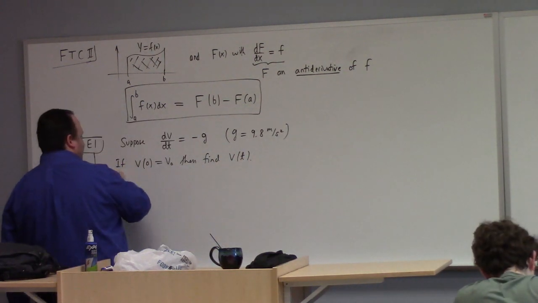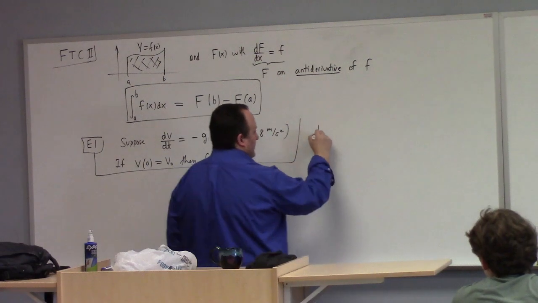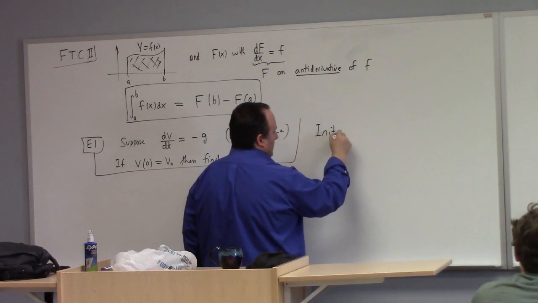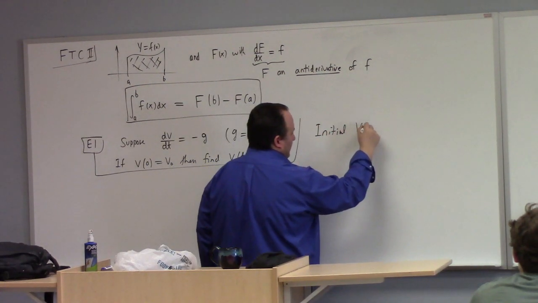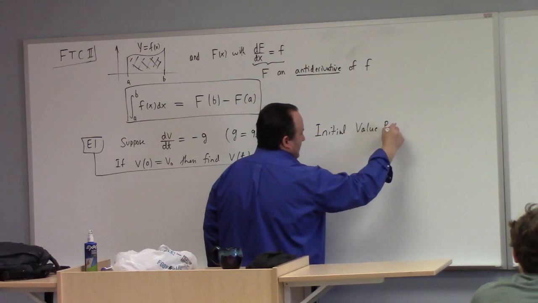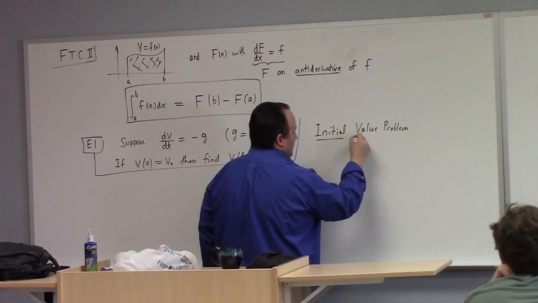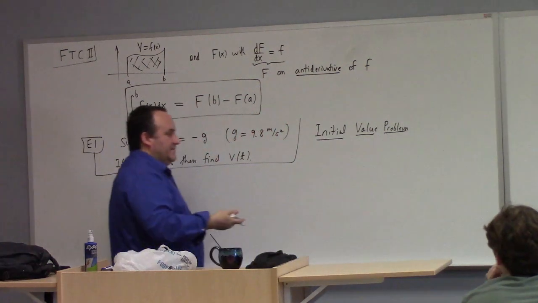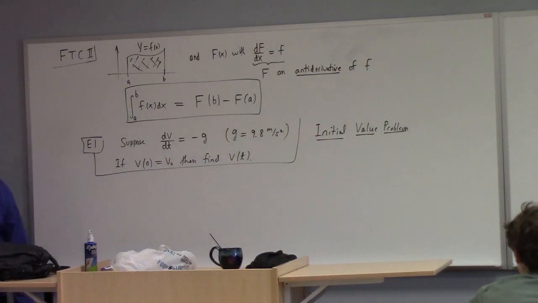So this right here is what's called an initial value problem. And that's what I'll be focusing on today in terms of application. Because we can talk about initial value problems without knowing anything about that funny looking integral sign above, okay?